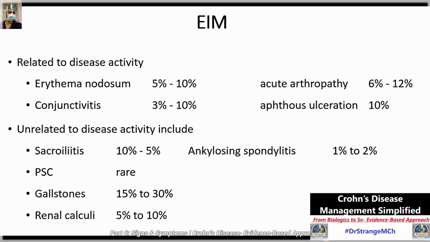Other extra-intestinal manifestations which are not related to disease activity are sacroiliitis in 10 to 15% of cases, ankylosing spondylitis 1 to 2%, primary sclerosing cholangitis, which is rare in Crohn's and more common in ulcerative colitis, gallstones in 15 to 30%, and renal calculi in 5 to 10% of cases.